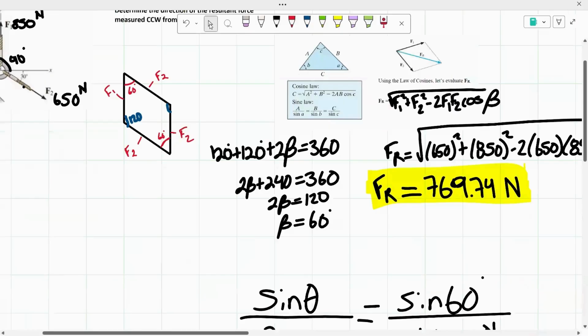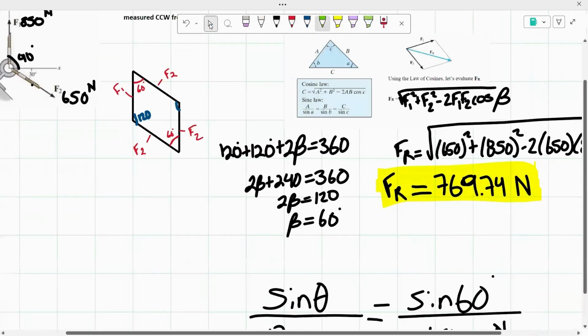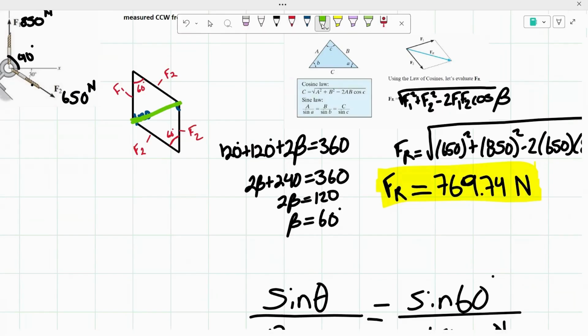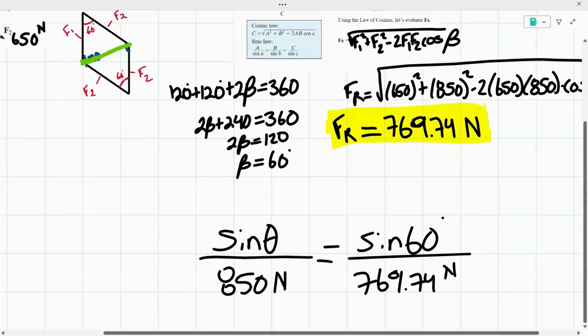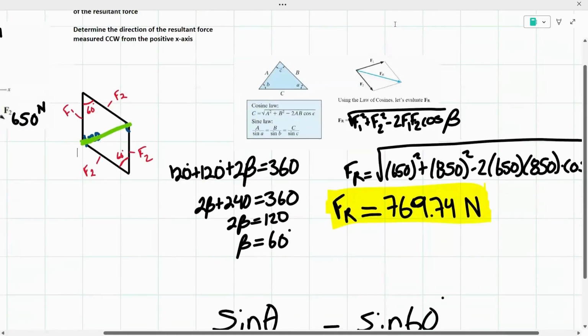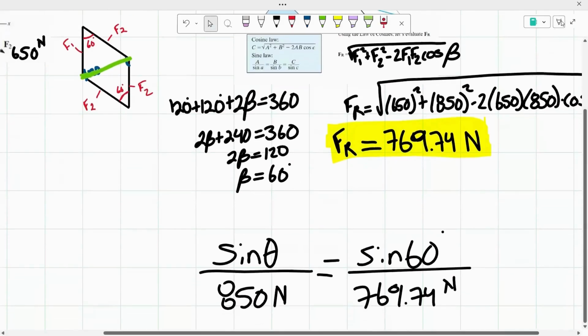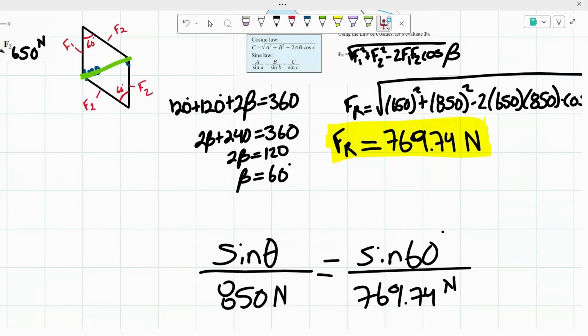So here, our resultant force is right here, and it goes with the opposite angle, which is the 60 degrees.